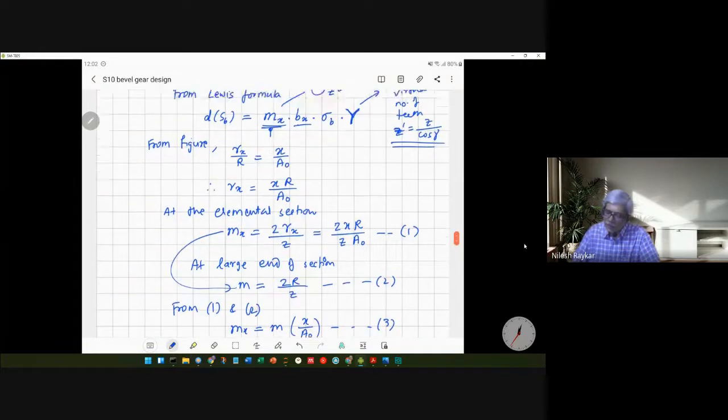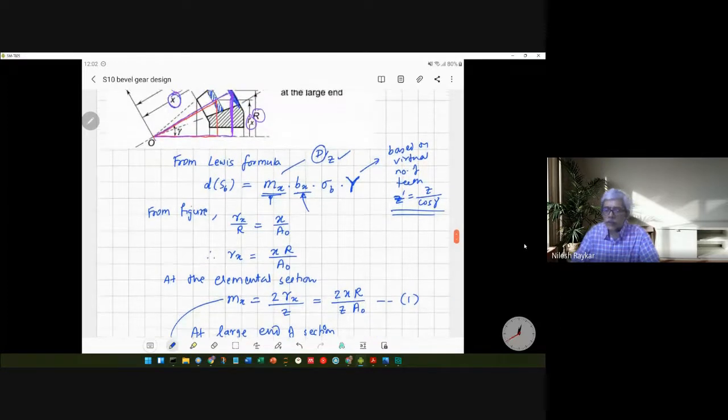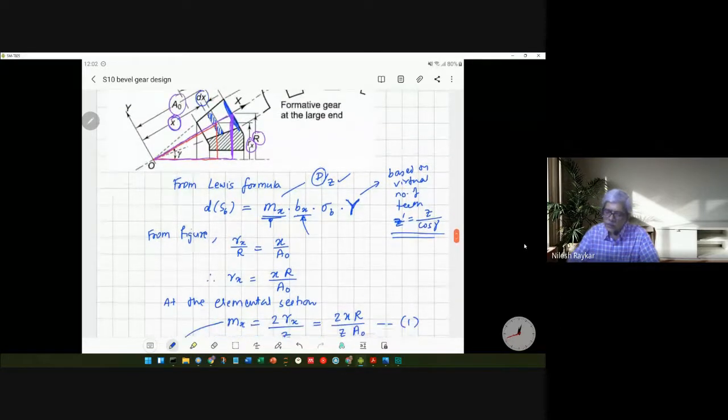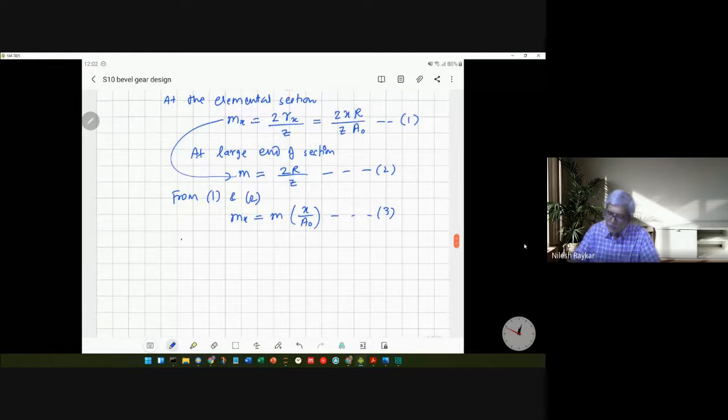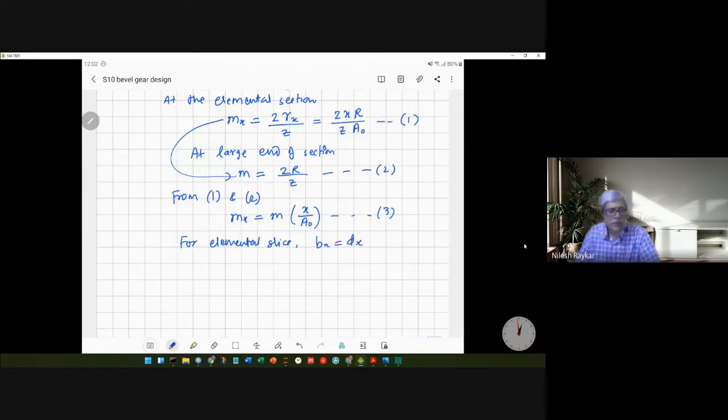And coming back to the Lewis formula, this Bx is the width of your gear tooth. This particular slice has a width of dx. So Bx is equal to dx for the elemental slice. Width of this slice is equal to dx.